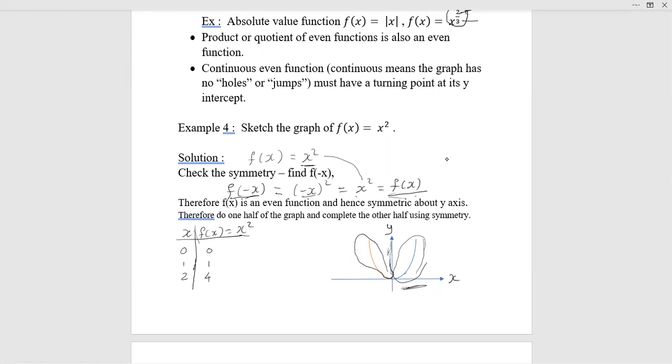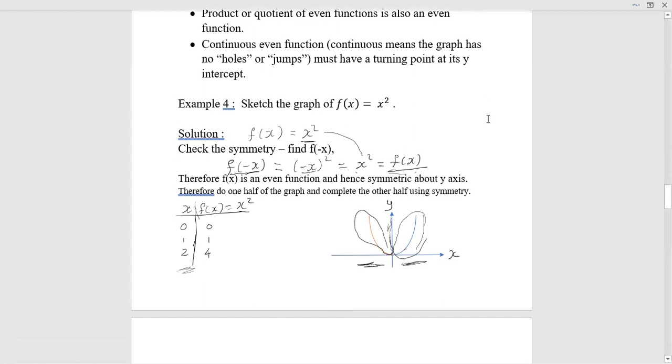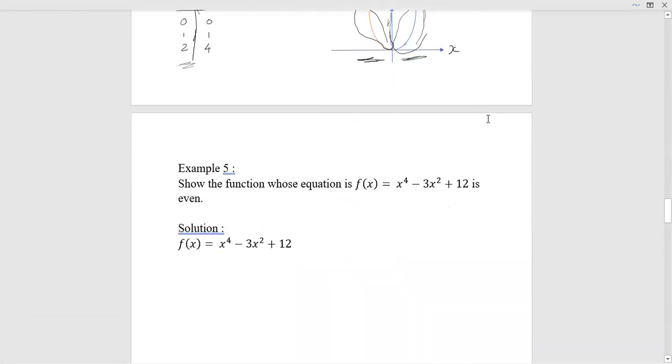See, here in the table, I do not find any negative x values. Negative x values I did not find here. I did the negative part just using the symmetry. Okay, let's move on.